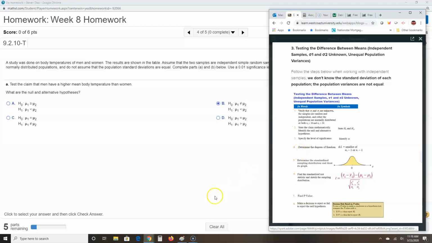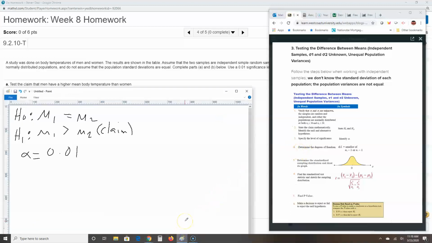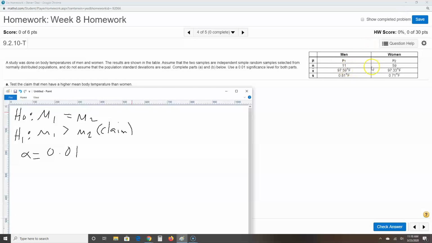Step 4, we're going to find the degrees of freedom. And because we have two samples, we have to choose the degrees of freedom that comes out the smallest. Because my two samples are different, I'm going to have 2 degrees of freedom. DF1 is from the men, and for the men there were 11, so 11 minus 1, that will be 10.